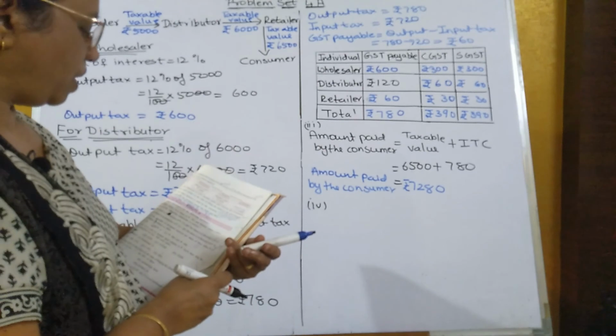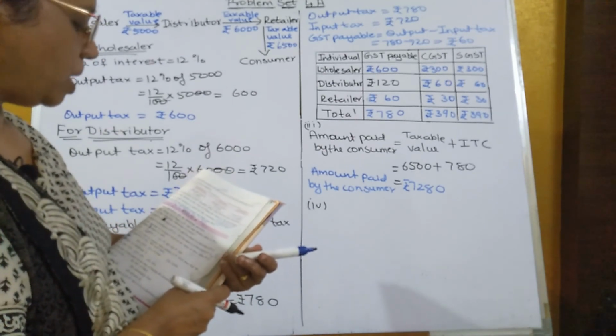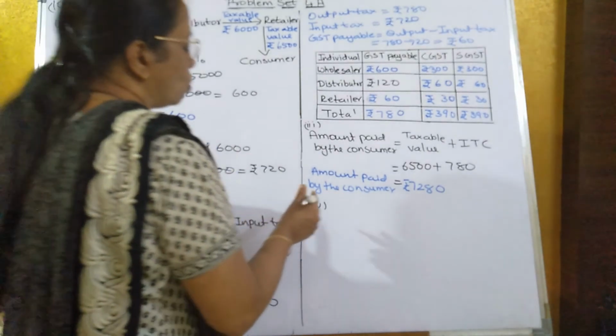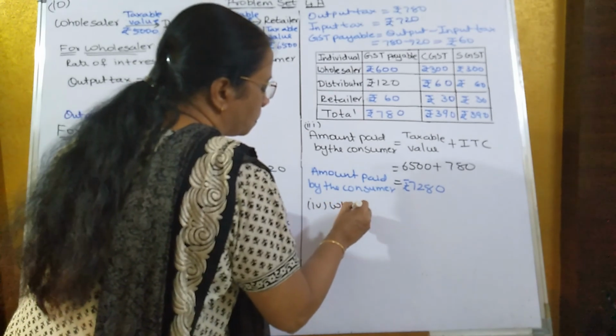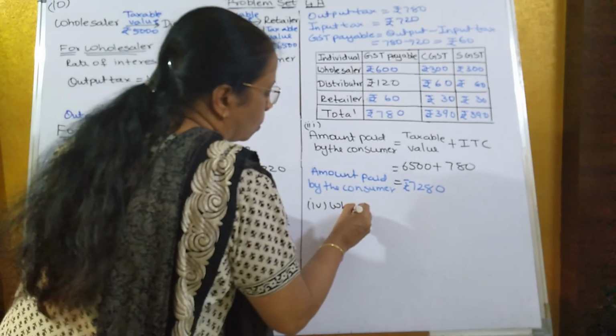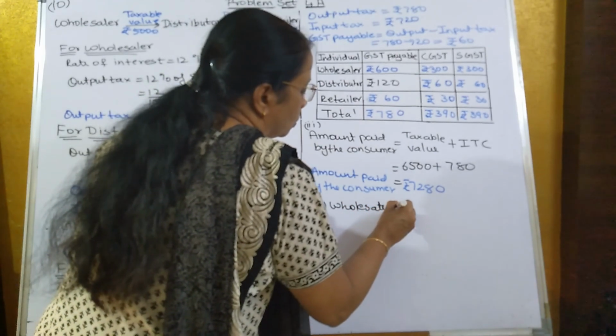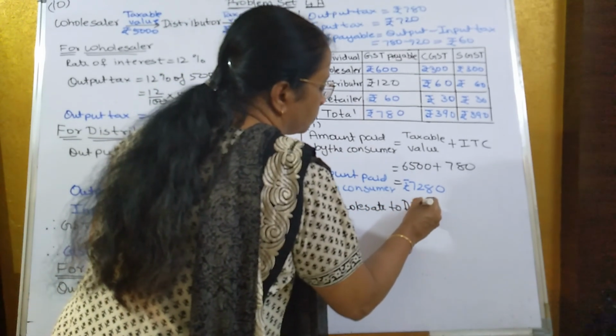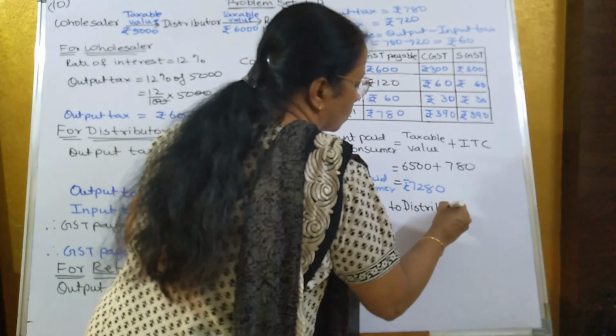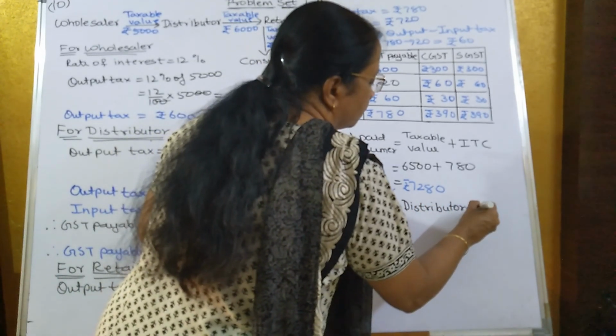Now the fourth question they have asked, write which of the invoices issued are B2B and B2C. So wholesaler to distributor is what?